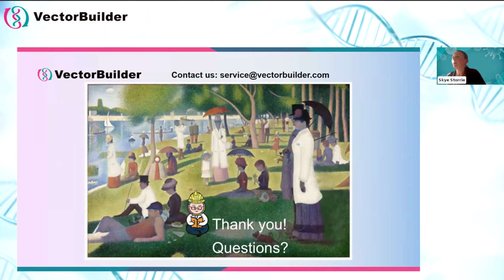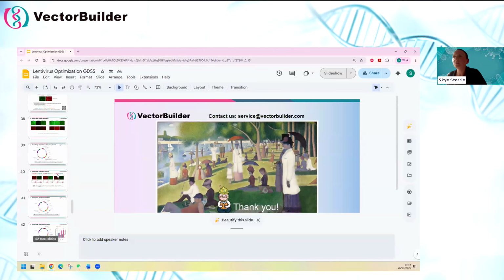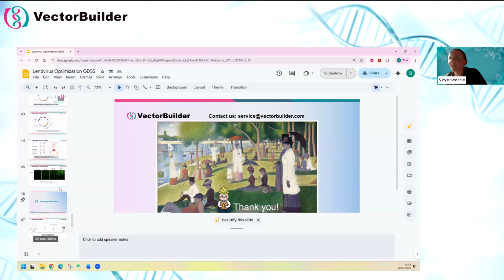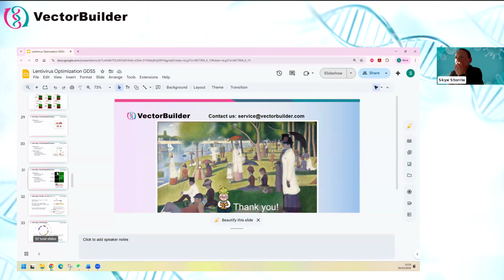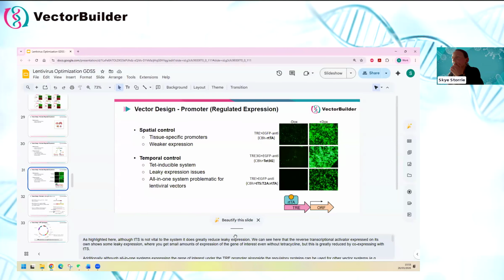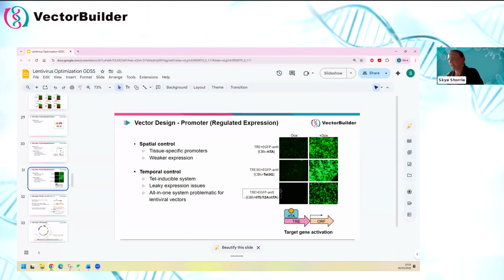Yes, let's go back to the text. So if we have issues with the TTS inhibiting expression of the ORF, you can see here that when we include TTS, it can lead to slightly reduced levels of expression of our ORF following doxycycline treatment.